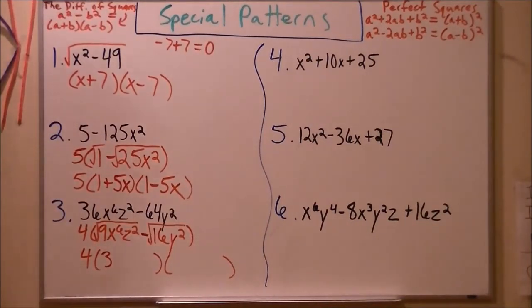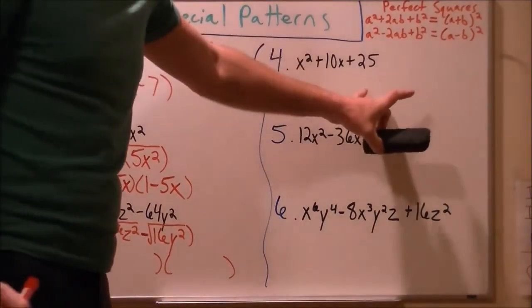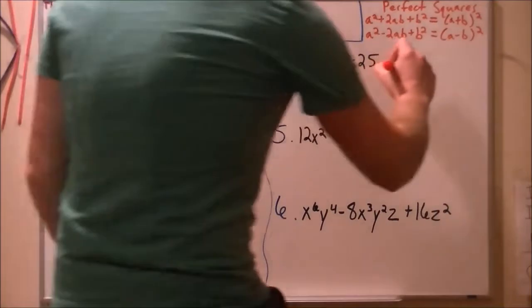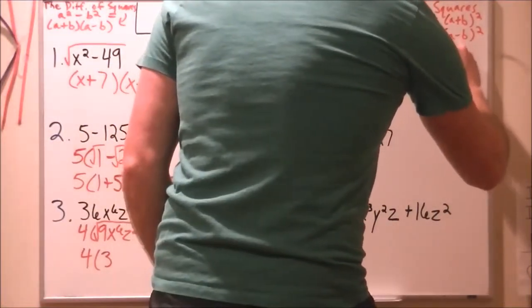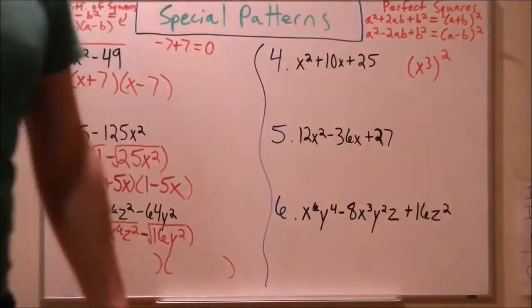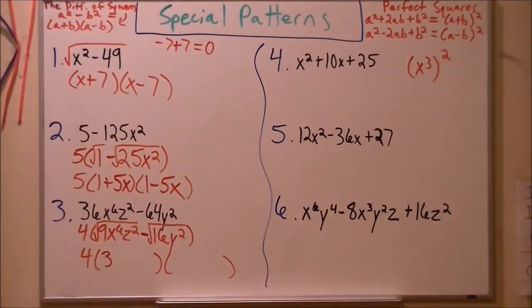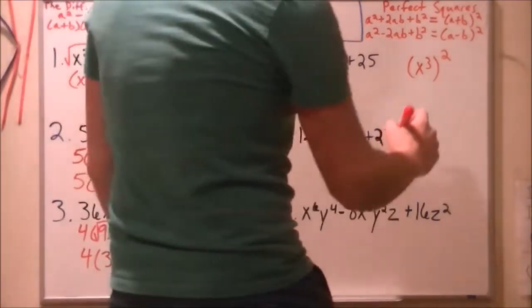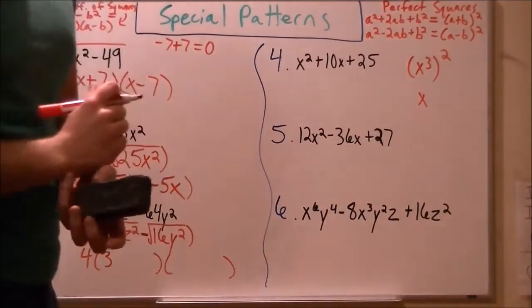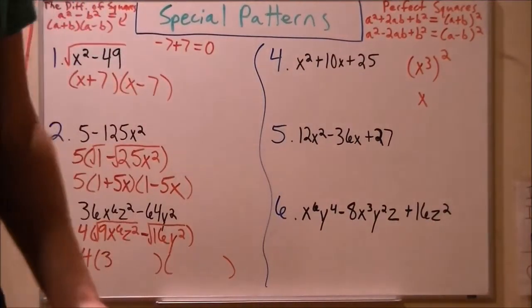Let me show you something really quickly. It's not going to correspond with 4. I'm going to erase it, but I have room over here. If I have x to the 3rd power, and I square that, what do I have in the end? Now remember, this isn't multiplying, this is raising to a power.